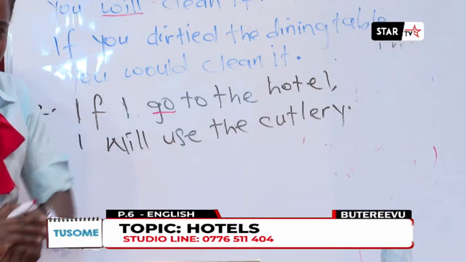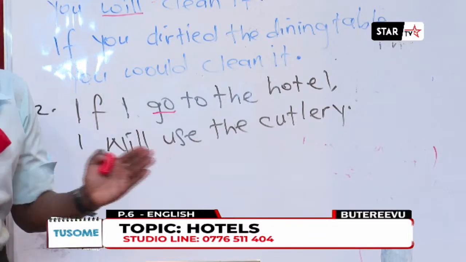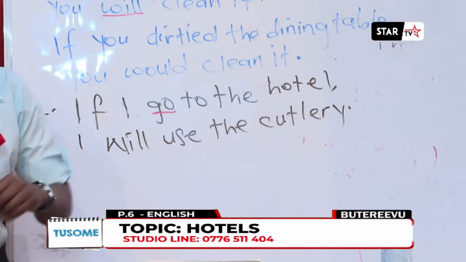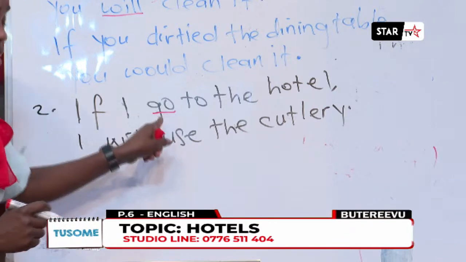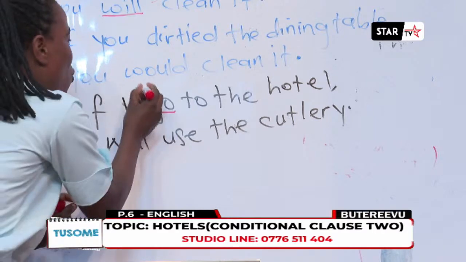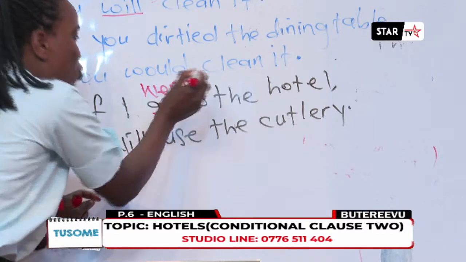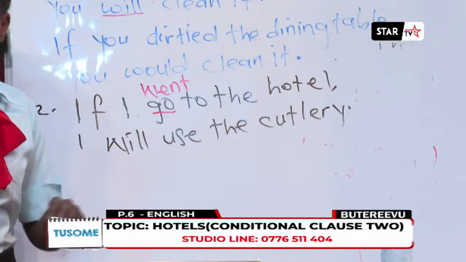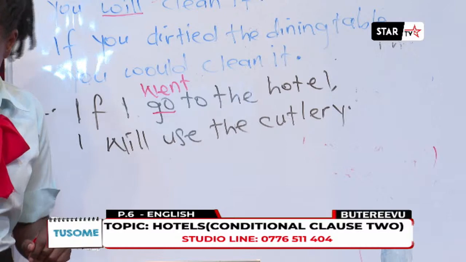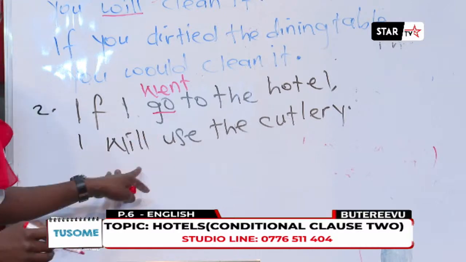The next question is, what is the past form of the verb go? The past form of the verb go, I know you've whispered it because you're a very brilliant viewer. The past form of the verb go is went. Then what else do we need to do? We need to look at our main clause and we identify the modal verb given to us. The modal verb given to us is will.